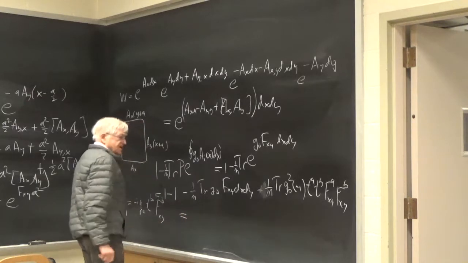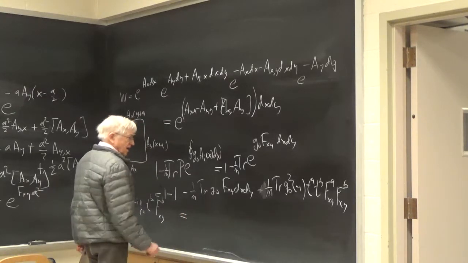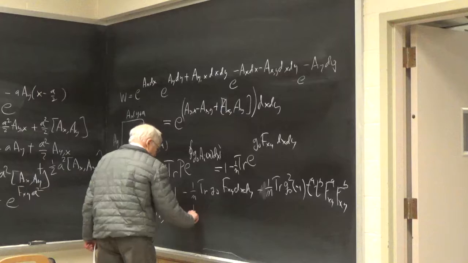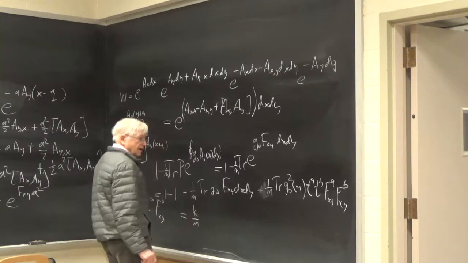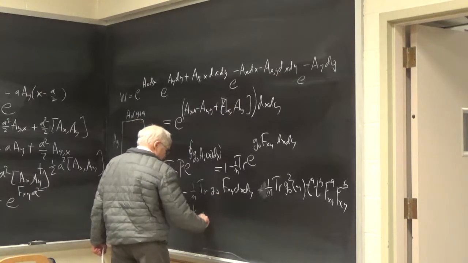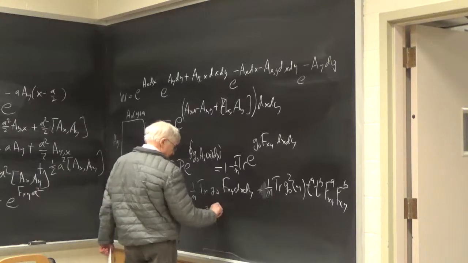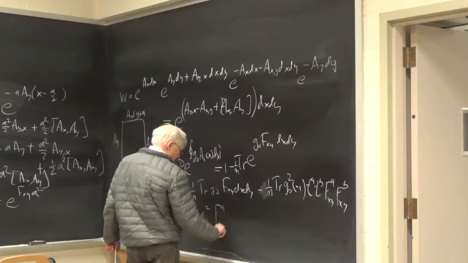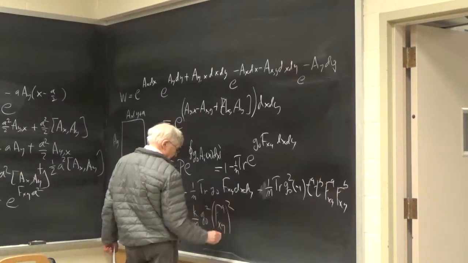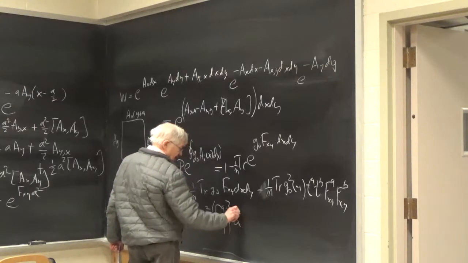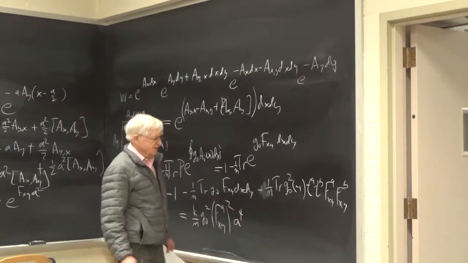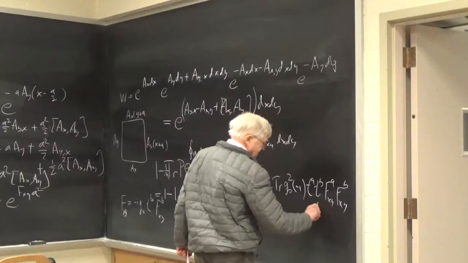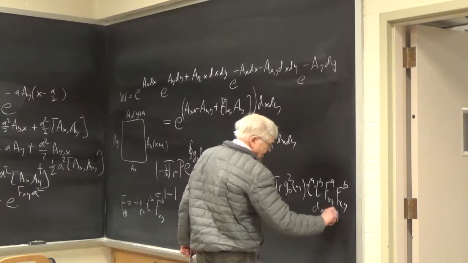So this is just equal to K over N g0 squared F^A_xy squared a to the fourth, where a is the lattice spacing, so I left out the dx dy squared.